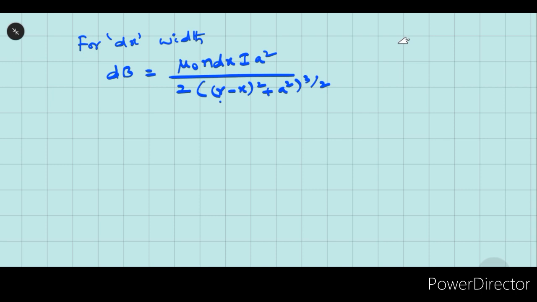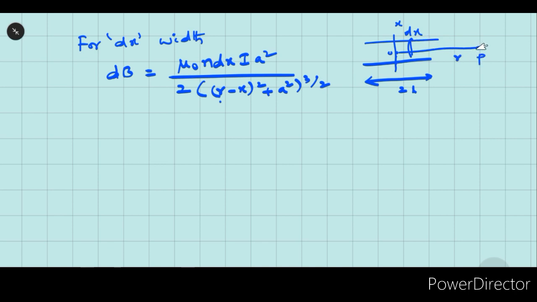Here r minus x is the distance, this is the dx width solenoid, actual length of the solenoid is 2L. From this dx the origin is at a distance x. From the origin the point P is at a distance r.